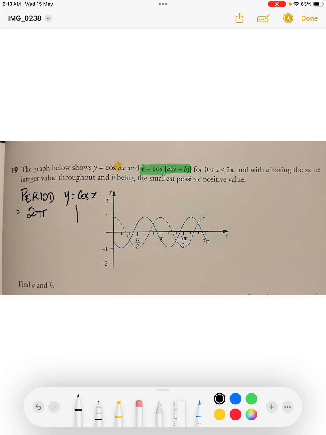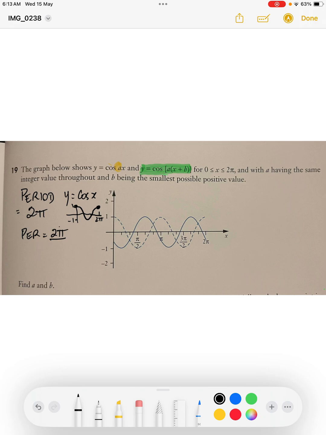That means it would start and finish at 2 pi. And because it's the cos curve, it starts at 1, goes down to -1. But if we adjust the period, then the period is in fact 2 pi over the multiplier of x.